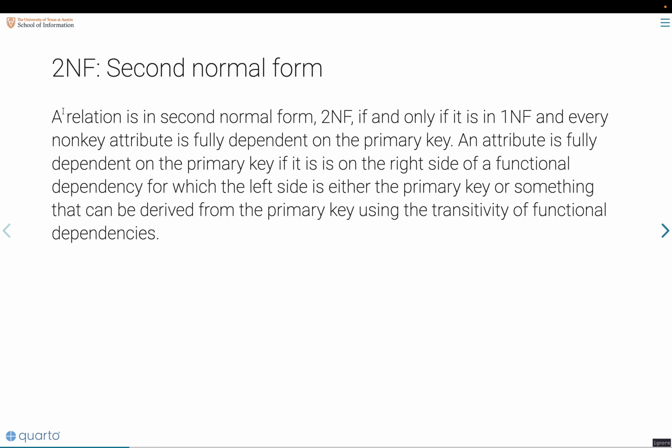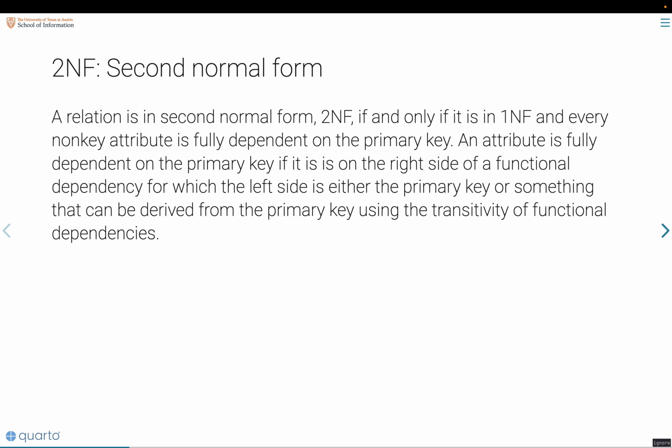Okay, second normal form. A relation is in second normal form if it's in first normal form and every non-key attribute is fully dependent on the primary key. An attribute is fully dependent on the primary key if it's on the right-hand side of a functional dependency. Remember we wrote out those A determines B things in curly braces.